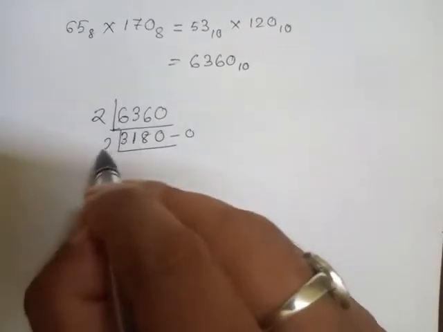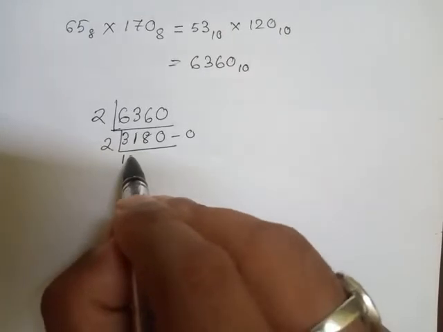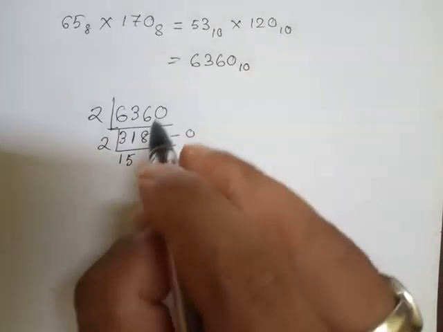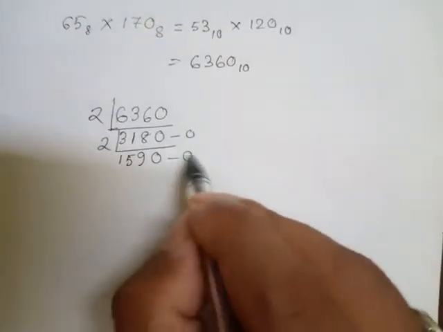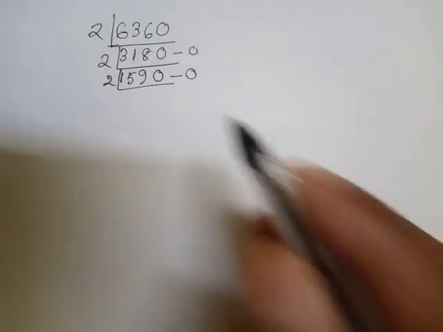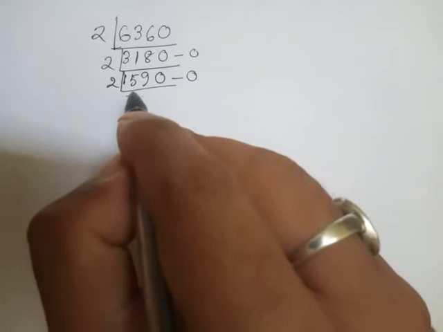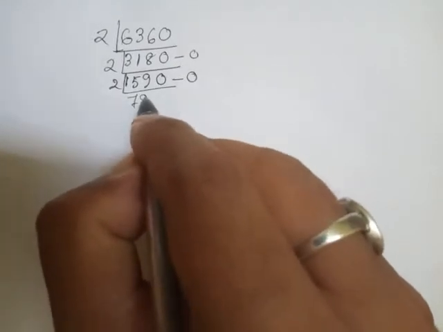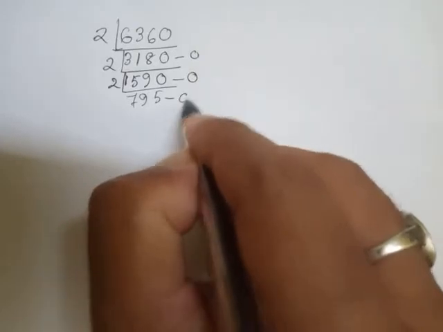Now again divide by 2, 2 fives are 10, 2 nines are 18, remainder is 0. Next one, again 0.